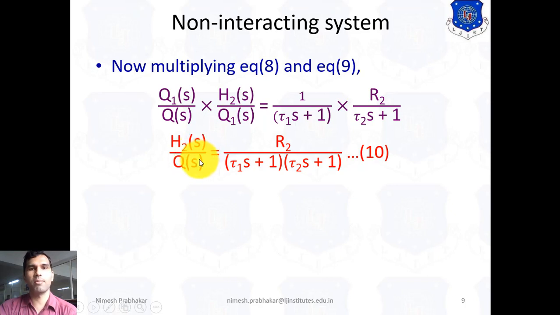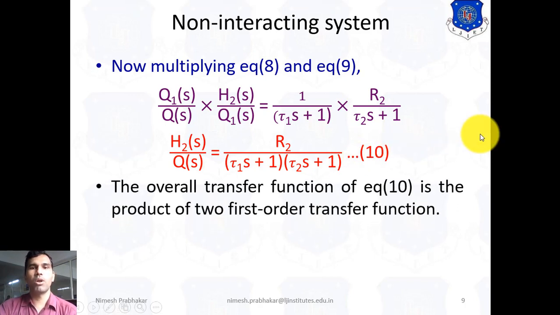This is our aim, to find the transfer function. H2s upon Qs is nothing but R2 upon tau 1 s plus 1 times tau 2 s plus 1. So this is the transfer function of the non-interacting system.